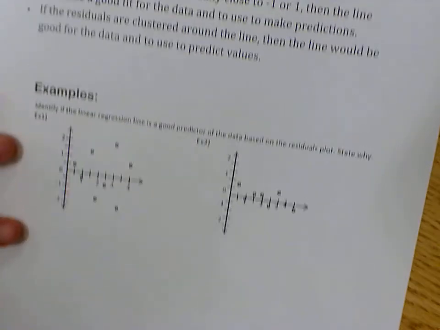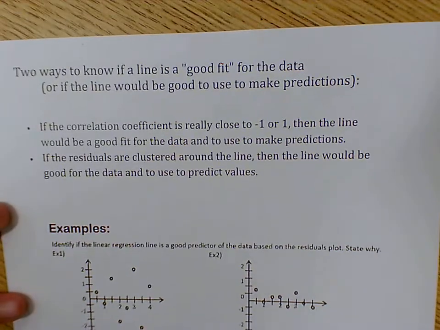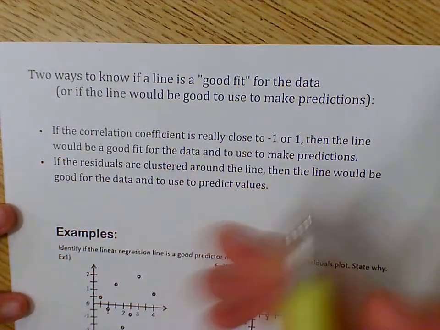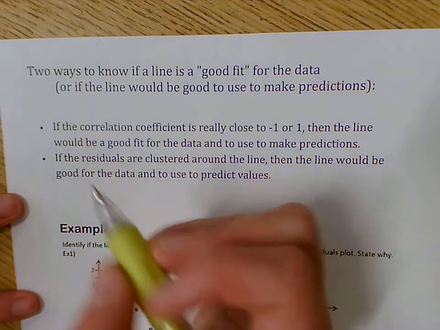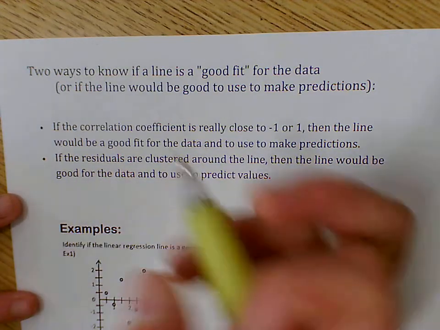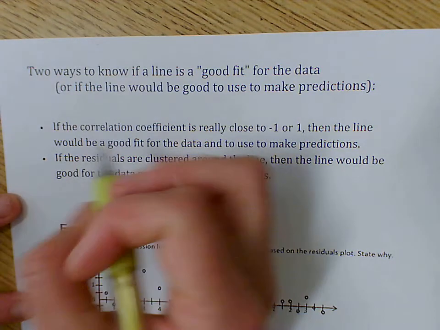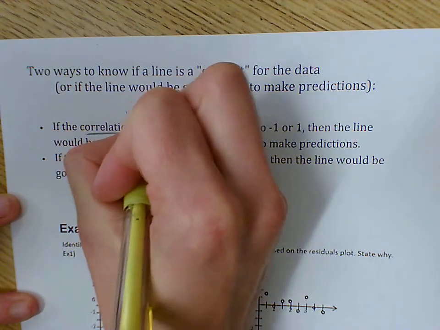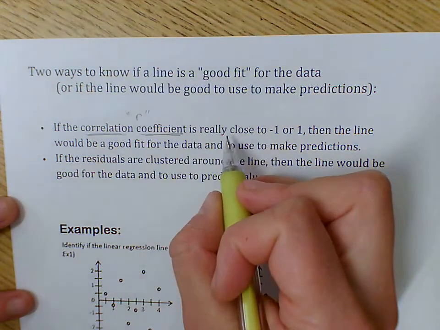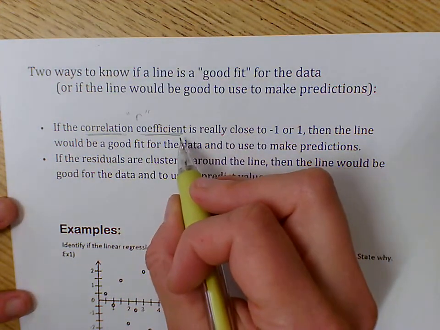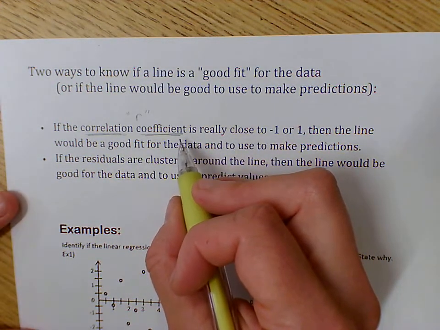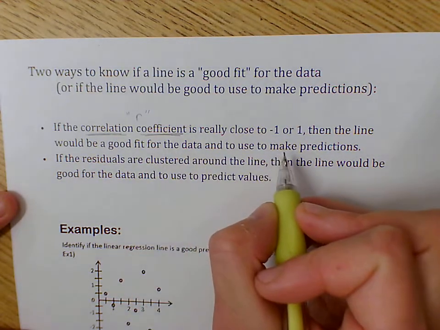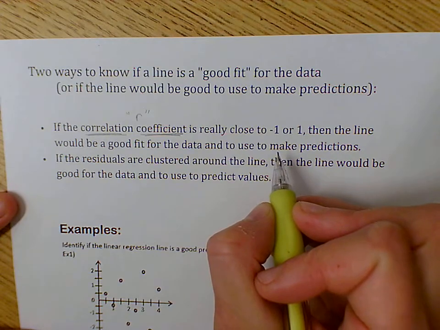Before I talk about these examples, I want to remind you of something. There are a couple ways to tell if a line's a good fit, and the first one was the residual plot. The other one, remember, is you could look at the correlation coefficient, the R. If the R, which is how well your dots form a line, is close to -1 or 1, then that means it's going to be good to use to make predictions with.